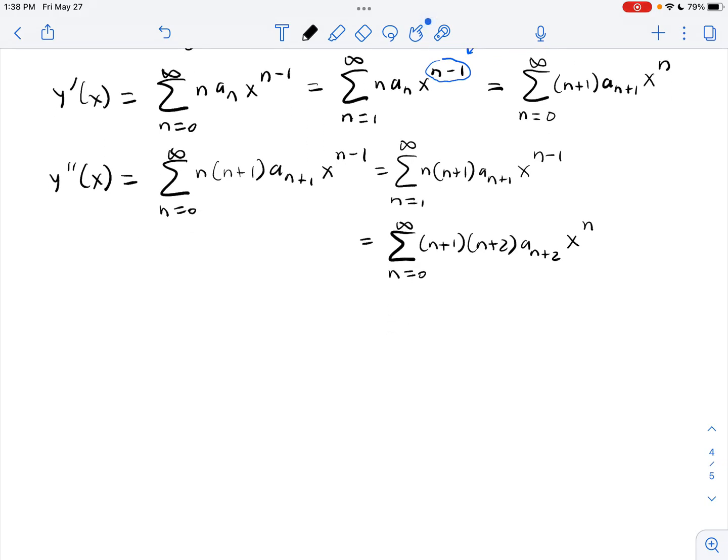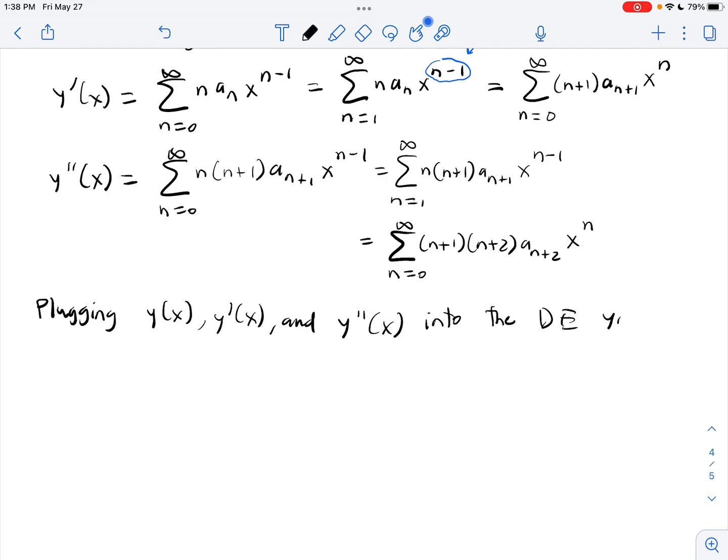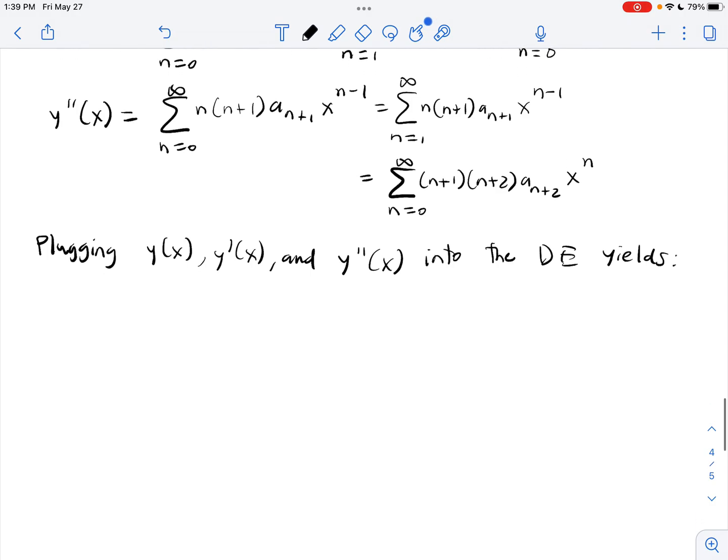So now that we have that done, we plug into the differential equation. So plugging y of x, y prime of x, and y double prime of x into the differential equation yields the following. Remember, the differential equation said y double prime plus y is equal to 0.